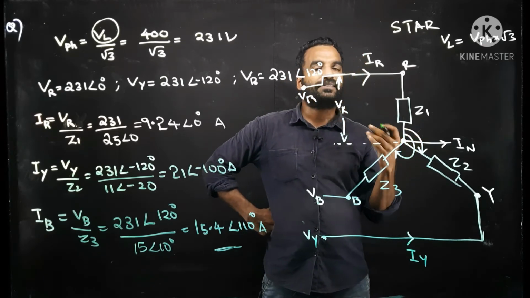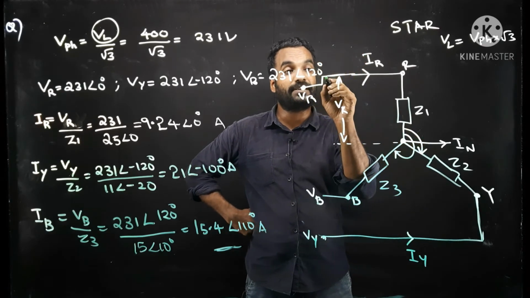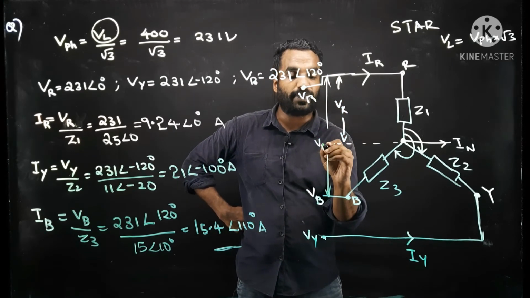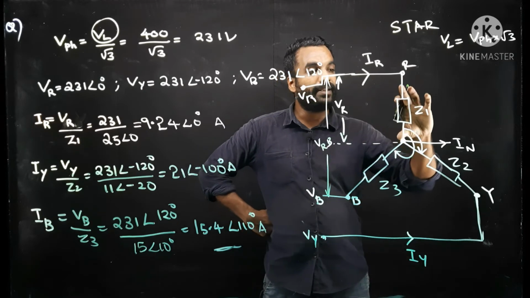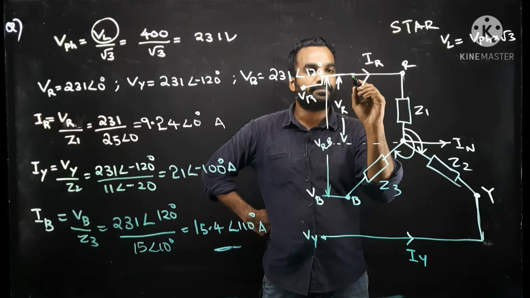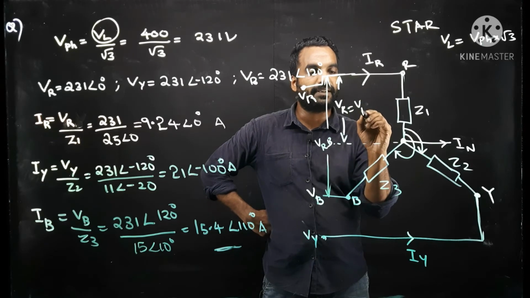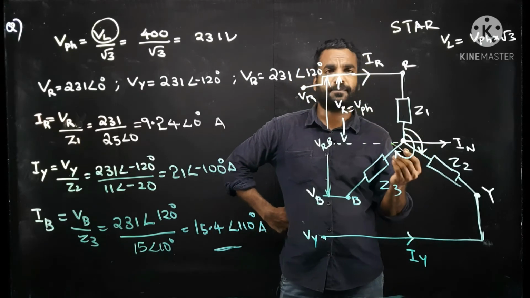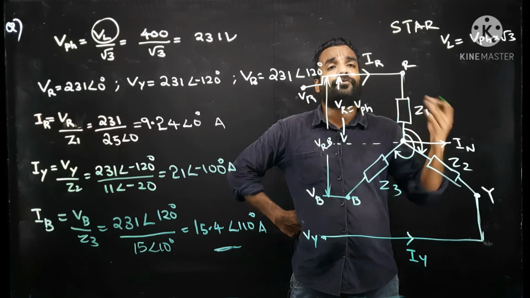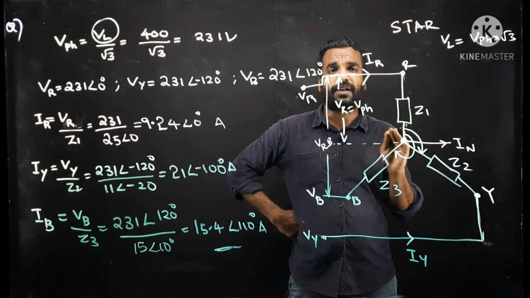What is that voltage? That is the phase voltage. But the line voltage is between R and B. So, for finding this current, you need only this voltage. Phase voltage is needed, not line voltage. That's why convert line values into phase values before you do the calculation.